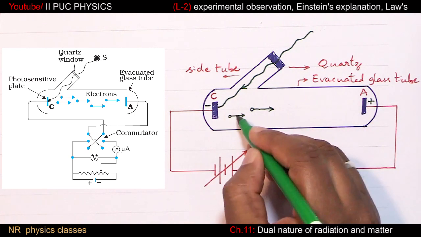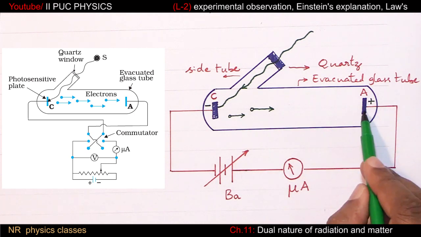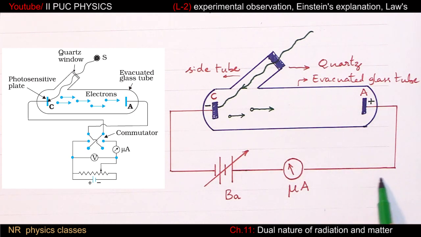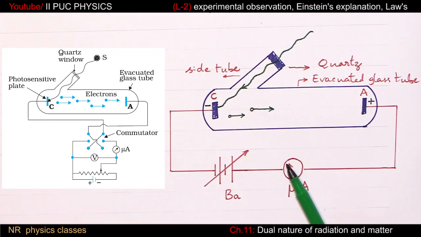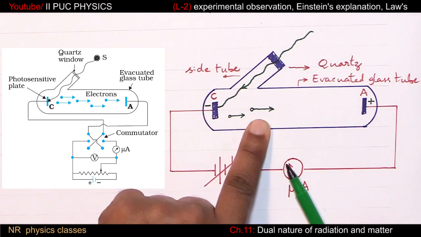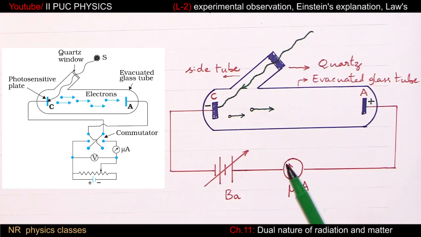If the anode gathers electrons, then there is a small current in the external circuit. That current is responsible for deflection in the microammeter. If there is deflection in the microammeter, we should think that there is emission of electrons. If deflection is zero, then we should think that there is no emission of electrons. Okay.